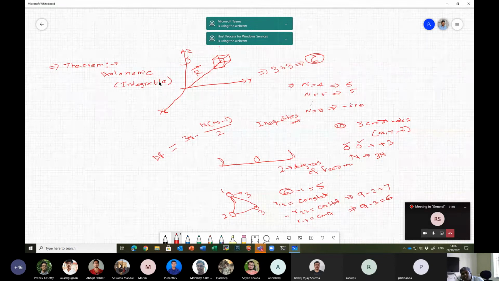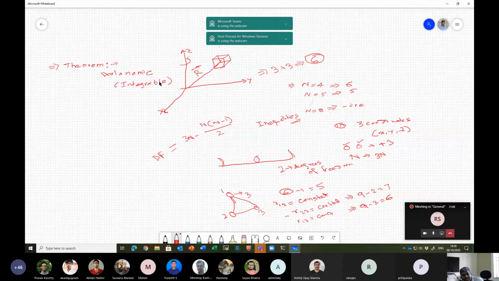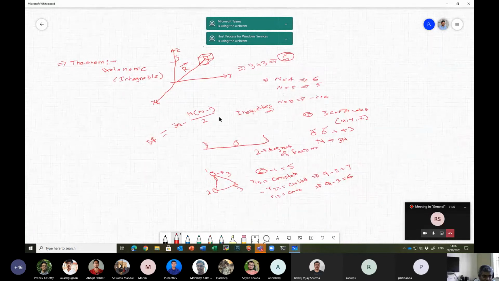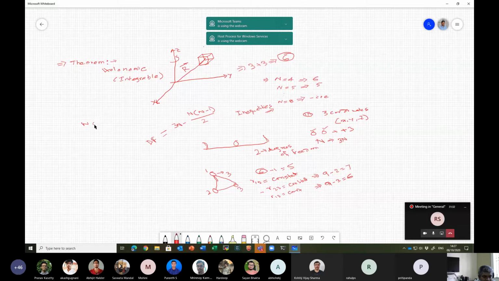And if you cannot reduce the degrees of freedom, just like we discussed with this particle which is moving on the table, we put some inequalities into that, but they will not help you reduce the degrees of freedom, though you have put in some extra boundary conditions or inequalities, then we call this non-holonomic.